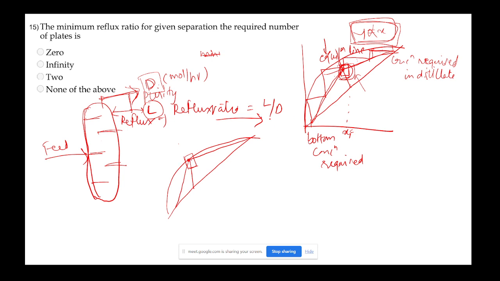At a certain point there will be the case where there is no gradient, and this point is known as minimum reflux. Ideally you require an infinite number of plates, because since the system is already at equilibrium, to change the equilibrium is not possible for these given conditions. So for minimum reflux, you require an infinite number of plates or trays.